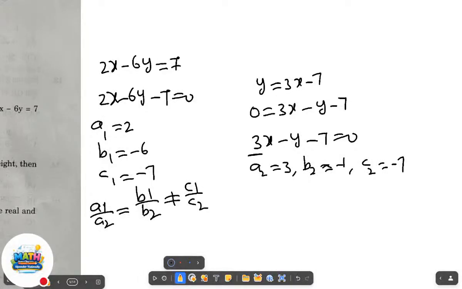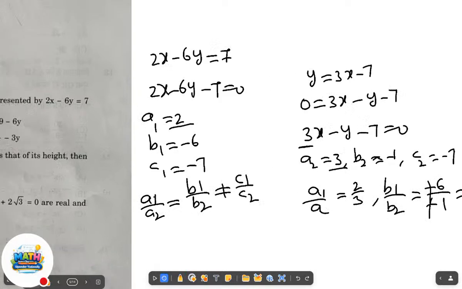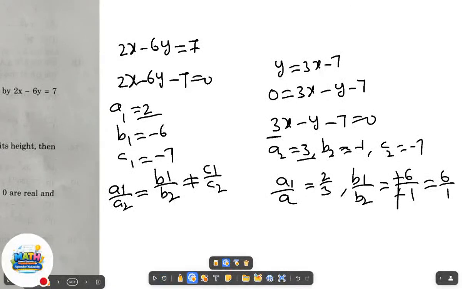Let's check a1 by a2, which is 2 by 3. b1 by b2: b1 is minus 6, so minus 6 by minus 1, the minuses cancel, which equals 6. So a1 by a2 is not equal to b1 by b2. So option A is not the right answer.